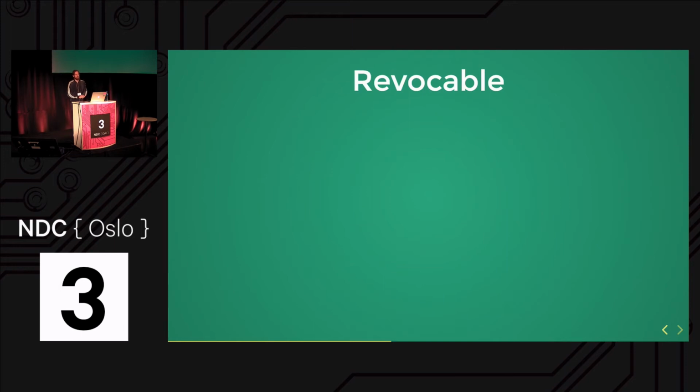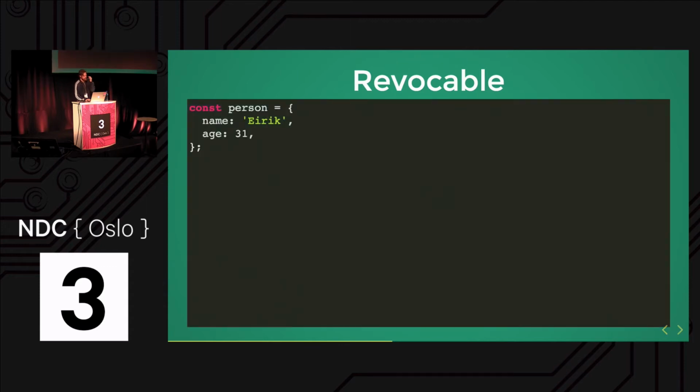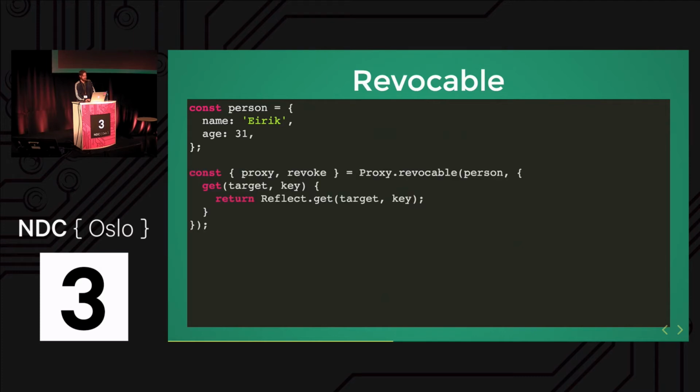And there's also a special type of proxy, which is called a revocable proxy. So if I create an object here and I want to proxy that with a revocable proxy, I could use the proxy.revocable method. And then it takes the same arguments as the proxy constructor. But instead of just returning a proxy, it returns the proxy and a method that you could revoke this proxy with.